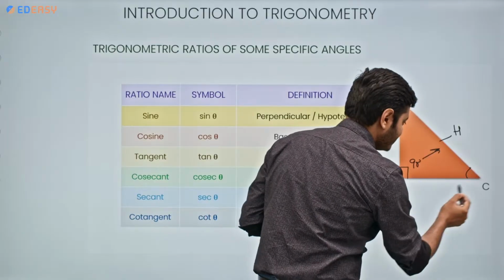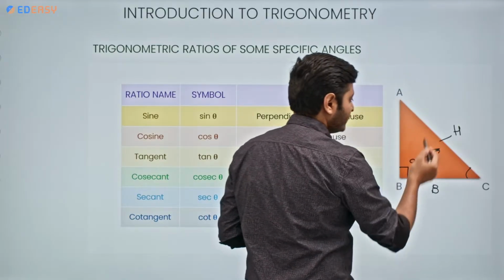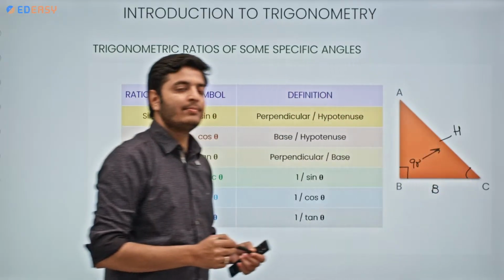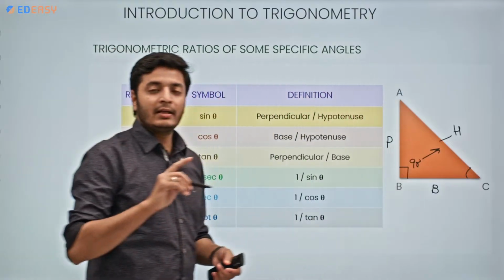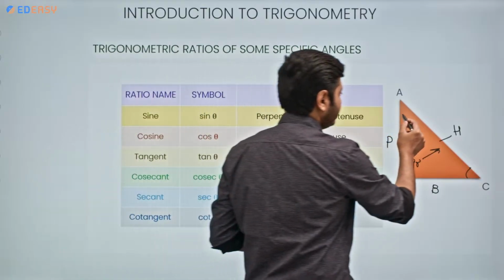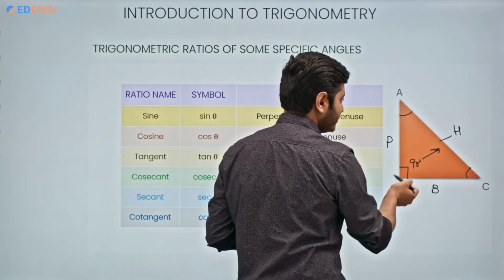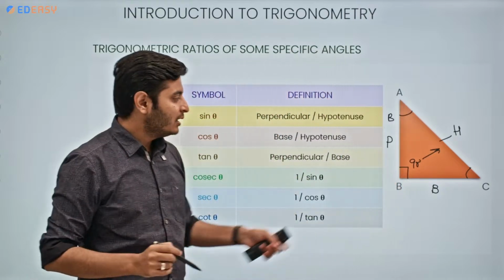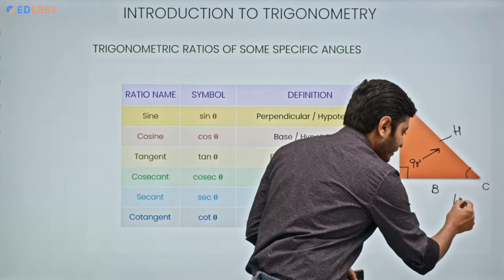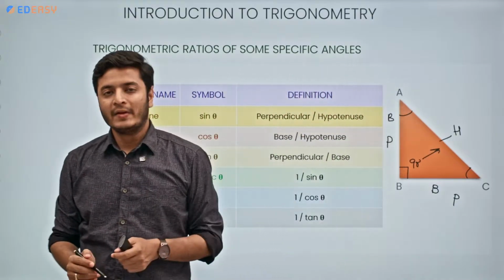So this is the adjacent side BC, so this is the base. Then the side opposite is the perpendicular. Now suppose we are referring to angle A, then the side adjacent is AB, so this is the base, and BC will become the perpendicular when we are talking about angle A.